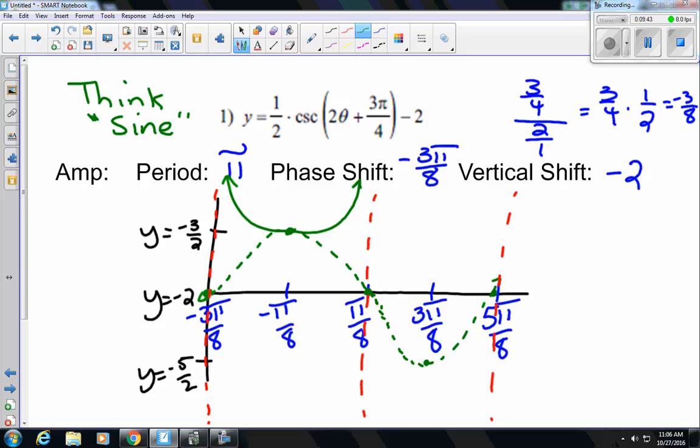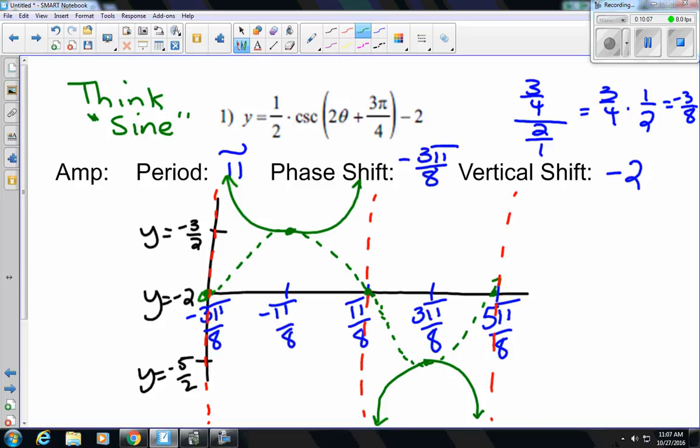And where I have a valley, I'm going to draw a branch downwards. So actually, the cosecant graph is nothing but those two green branches. That's it. That's all you should see. And on WebAssign, it probably is all you should see. I don't know. Does anybody know if they do asymptotes? Have you looked at it enough to know?